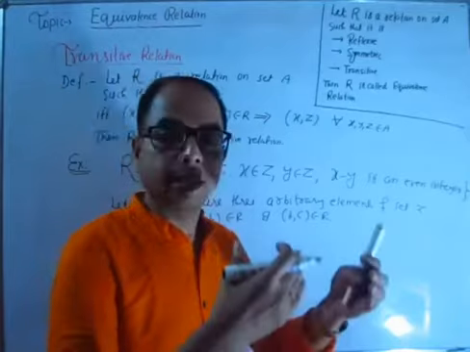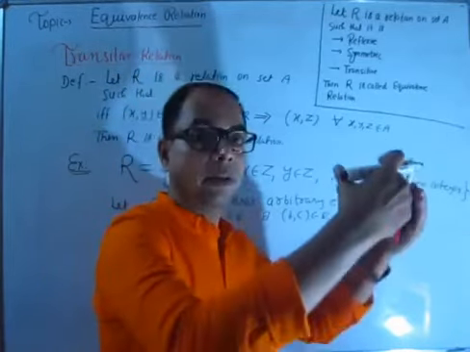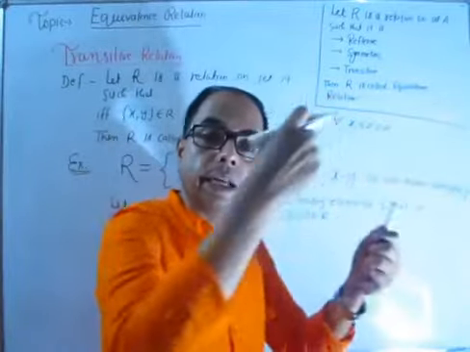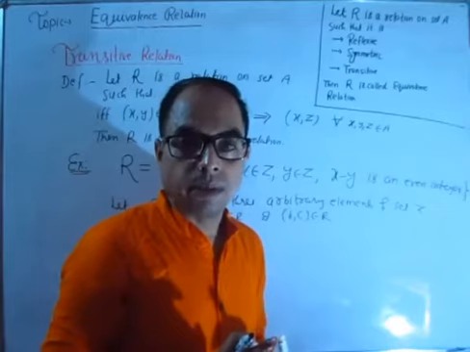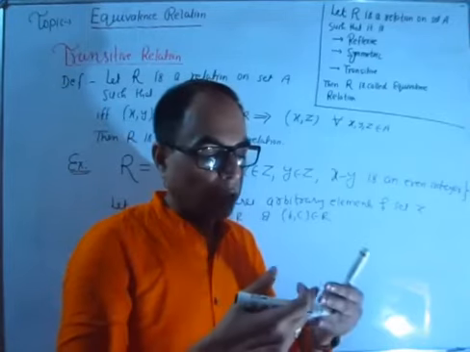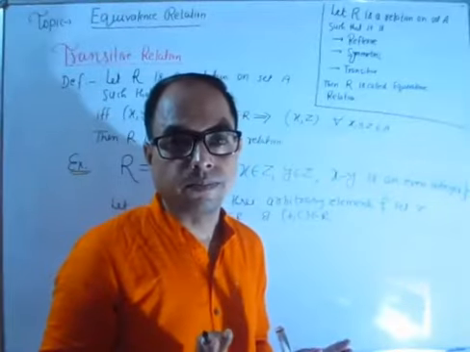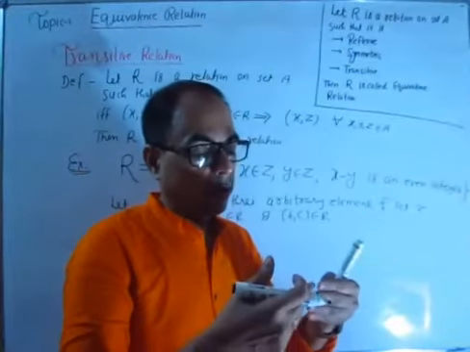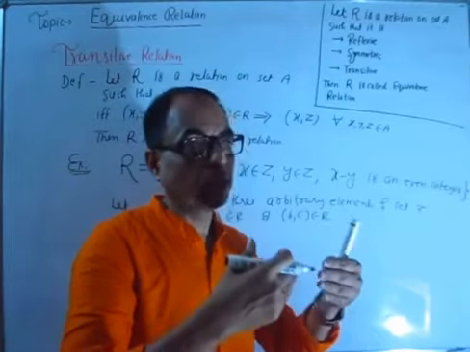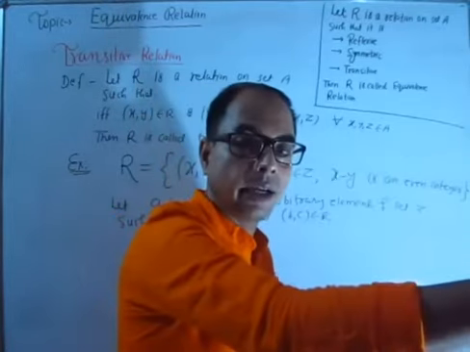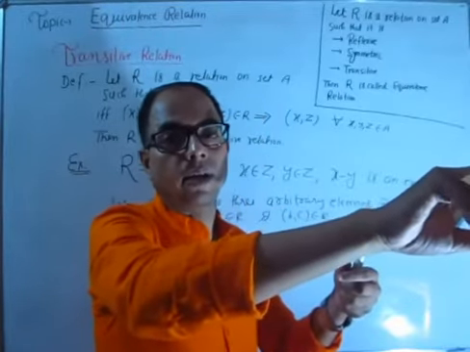If such a situation does not exist, then by default it is transitive. Again I am repeating, if there exists a situation where A is related to B and B is related to C, then only you can check for the transitivity. Clear?